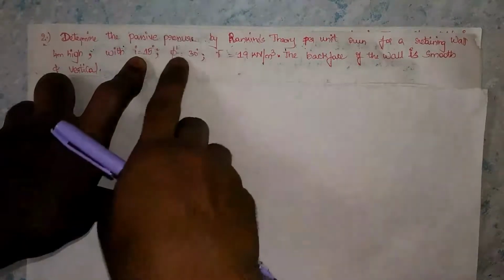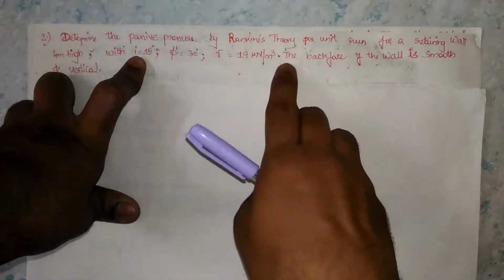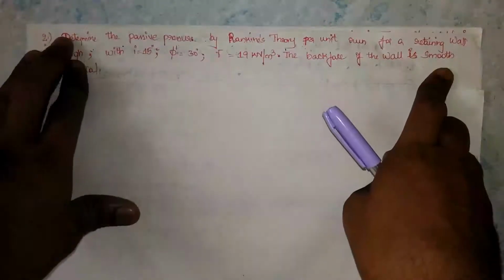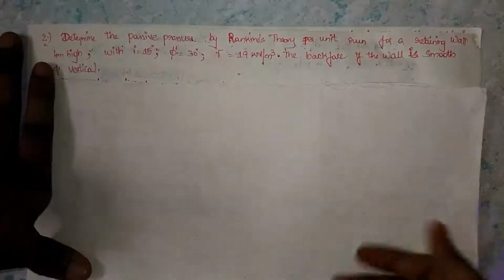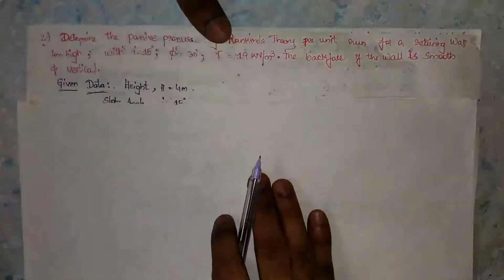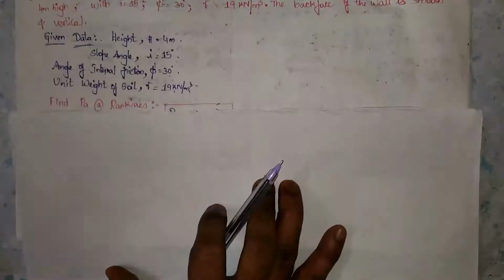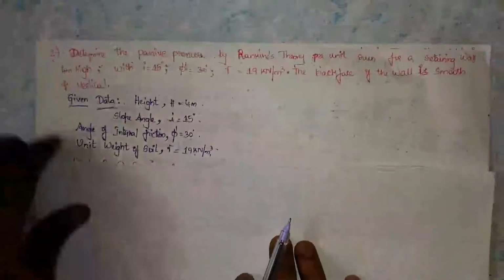Next, the angle of friction and the unit weight of the soil are given. The back face of the wall is smooth and vertical. So write the given data parameters and sketch the diagram. This is the given data, so read carefully.